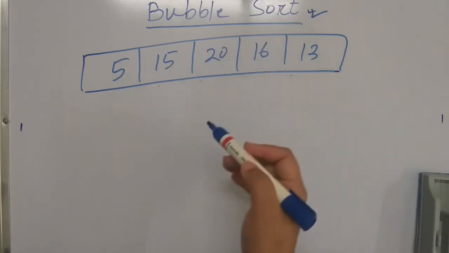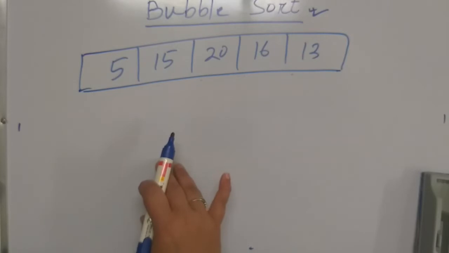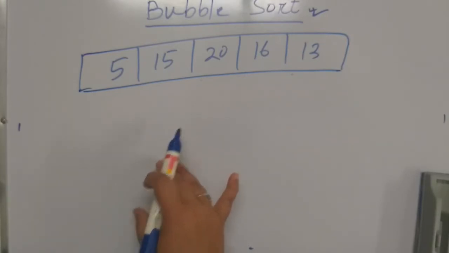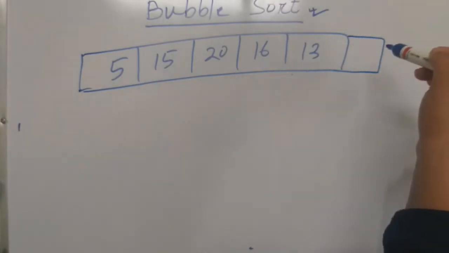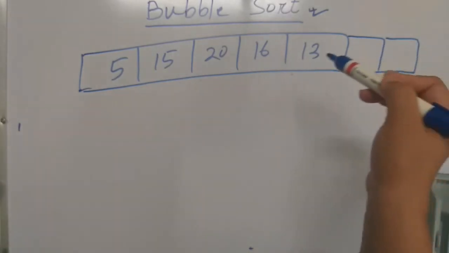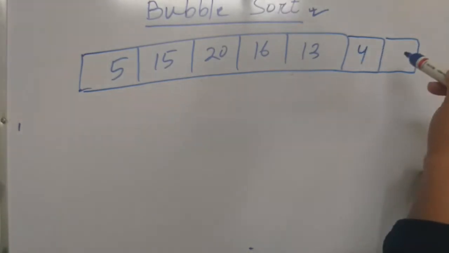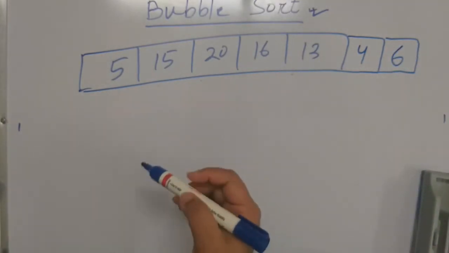So how do we sort the list using this technique? Suppose I am given one small array, and I expand the number of elements. For better understanding, I am writing 4, and another value I introduce, 6.